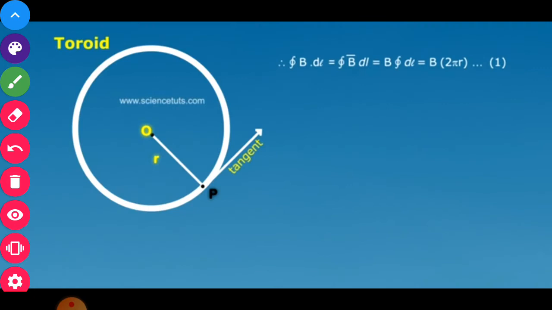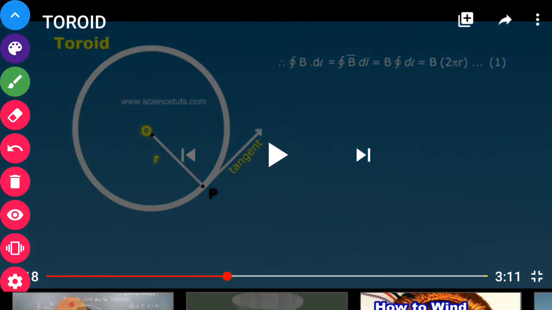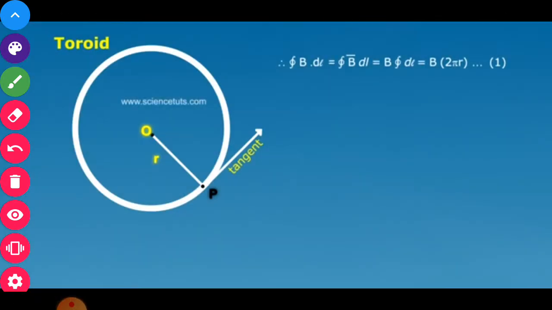Now, according to our Ampere circuital law, we can have closed integration B dot dl, or we can say line integration of magnetic field. Now see, magnetic field B is a vector quantity, dl is also a vector quantity.